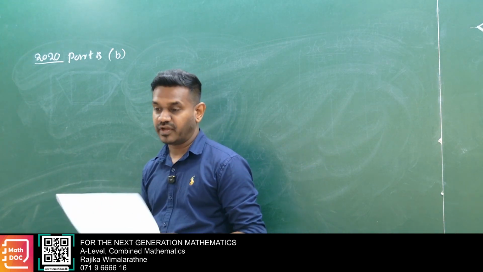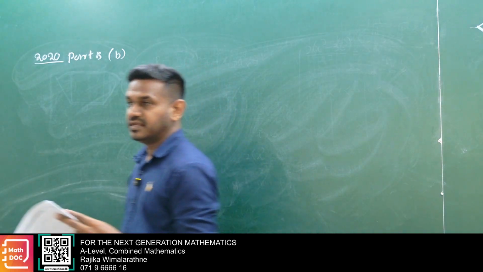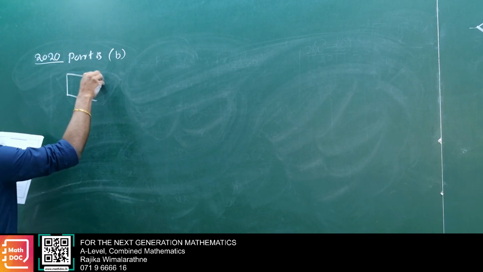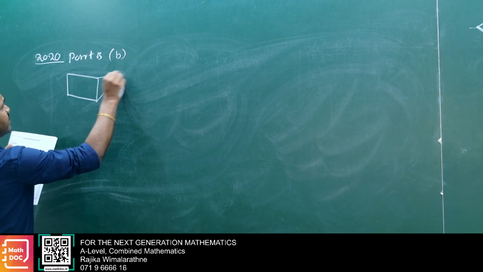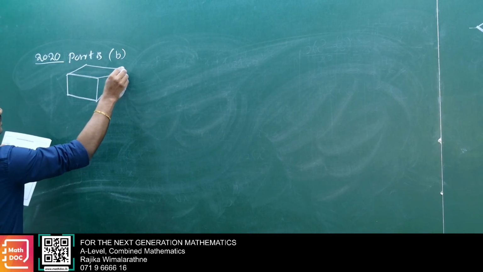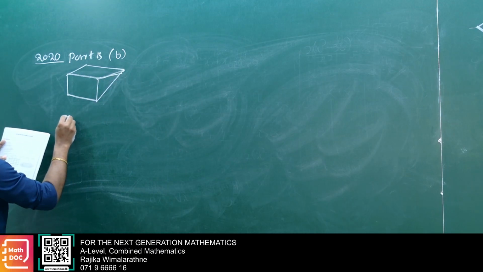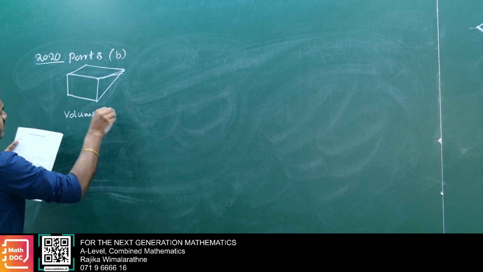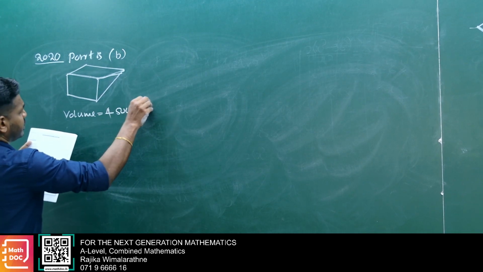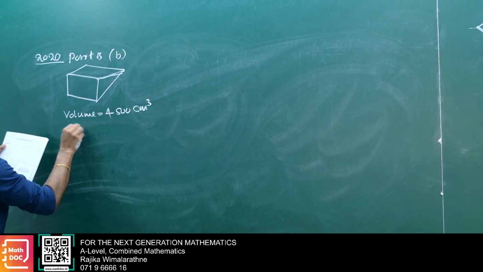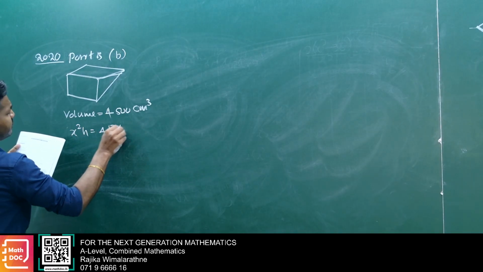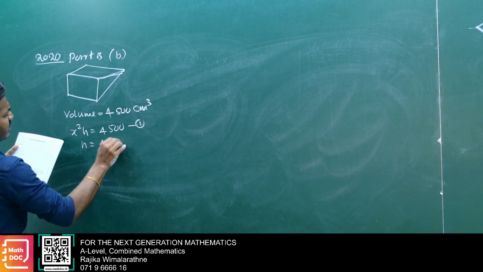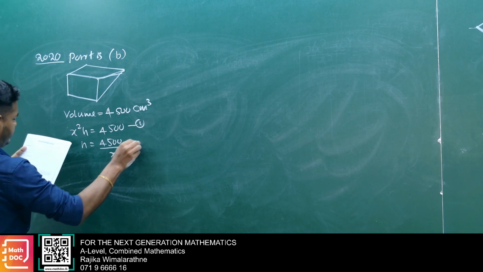Its volume is given as 4500 cubic centimeters, that is x squared h equals 4500. Then h equals 4500 divided by x squared.